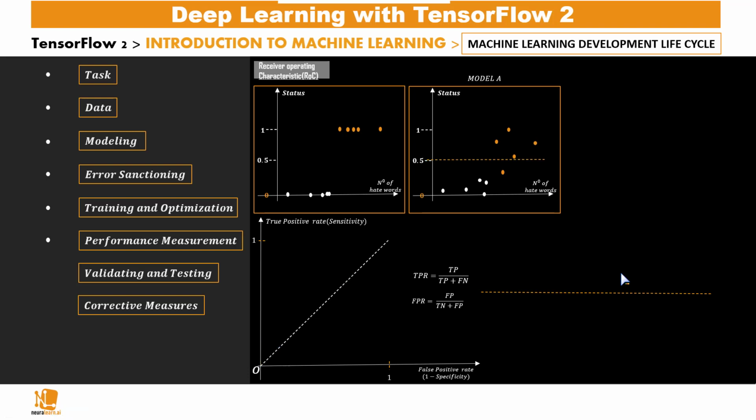Let's get started. In order to better explain the receiver operating characteristic plot, we are going to consider a very simple example of a Twitter algorithm which takes in a given number of hit words and says whether that tweet is a sensitive tweet or not.